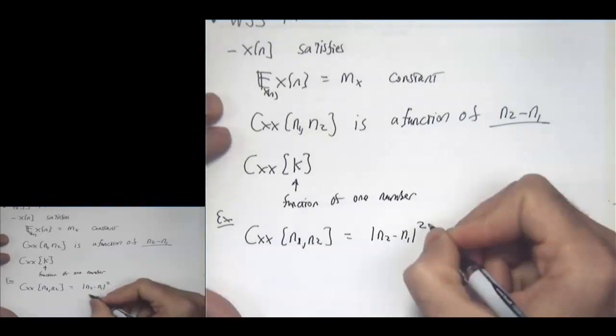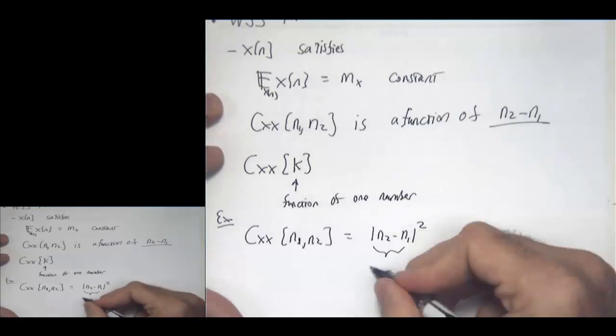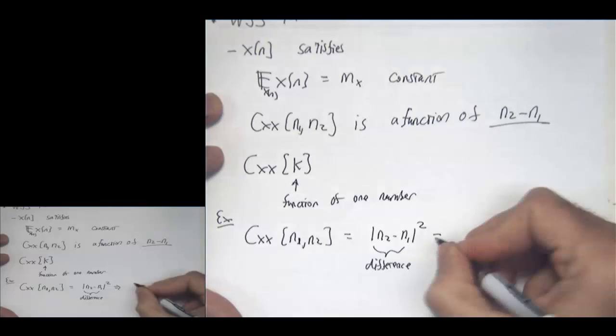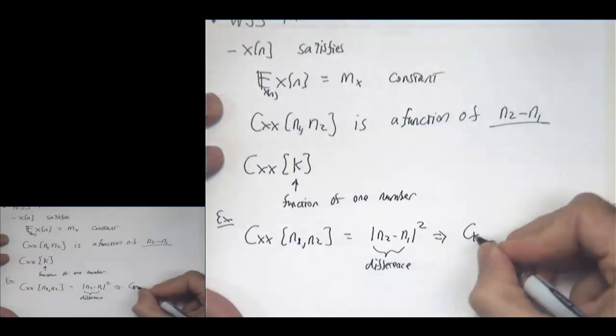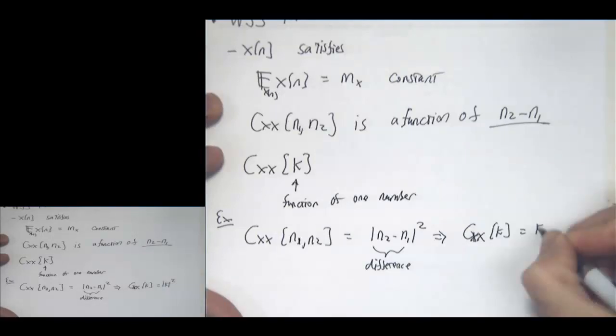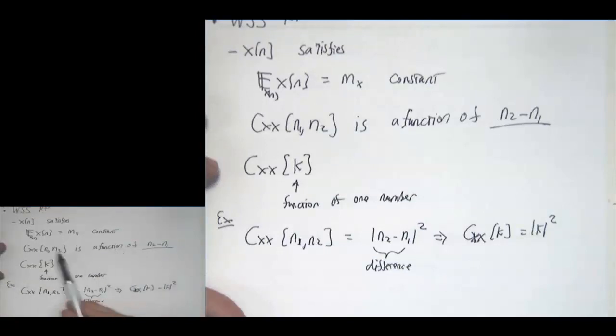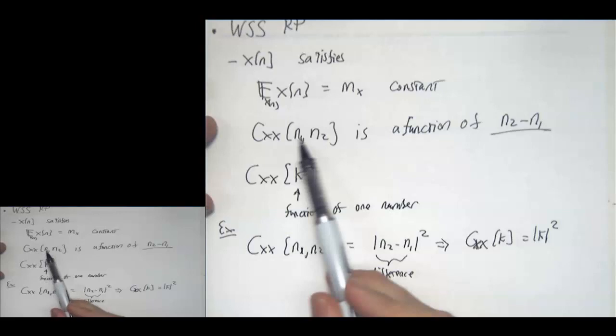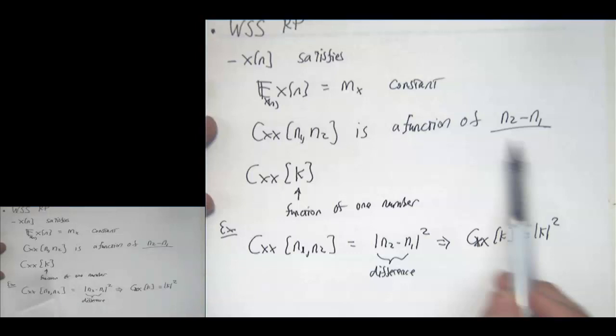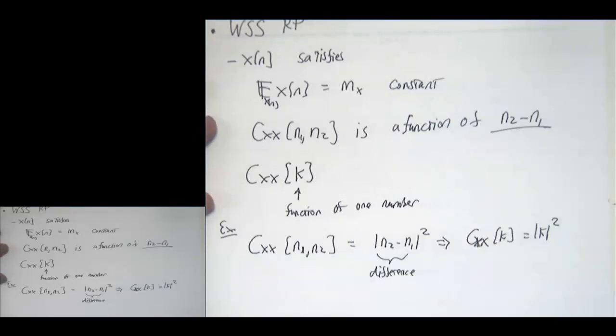Then you would say, aha, this is only a function of the difference. Therefore, I could write equivalently cxx in the following form. Essentially, when you go through the tedious calculation of cxx of n1 and n2, you'll find it's only a function of the difference, and therefore it can be written with a single variable. That's basically what wide-sense stationarity means.